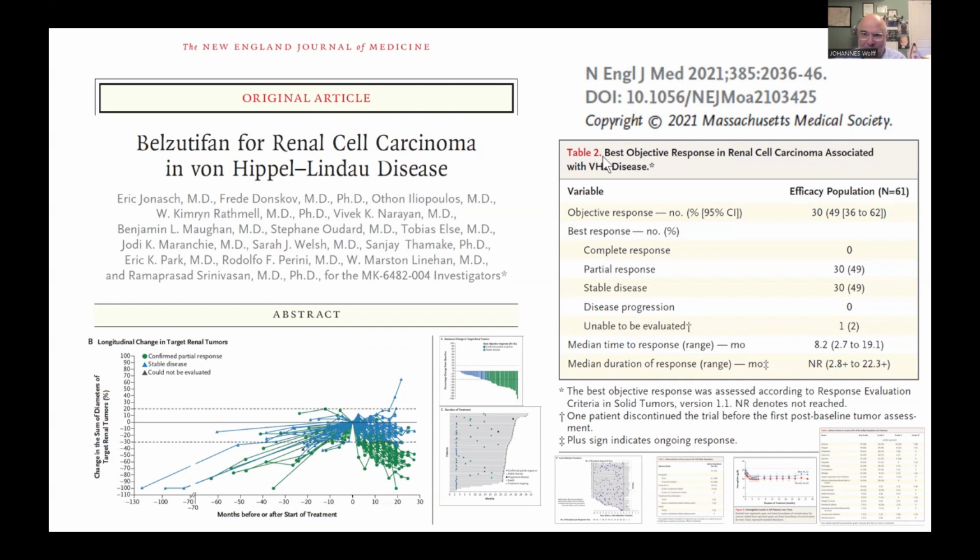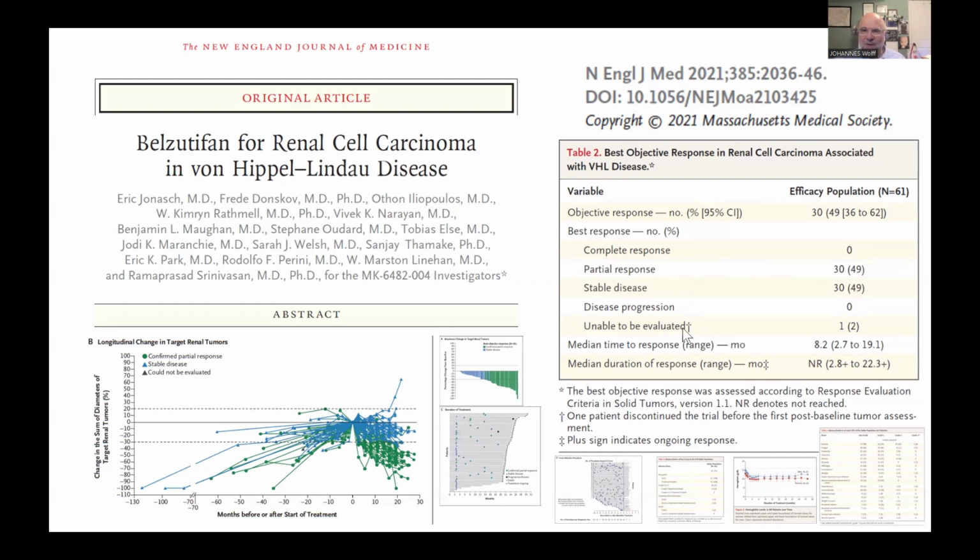Here is the table that describes the overall outcome of these patients. And you see complete responses, none. Partial responses, 30 of 61. Stable disease, the other 30 of the 61.